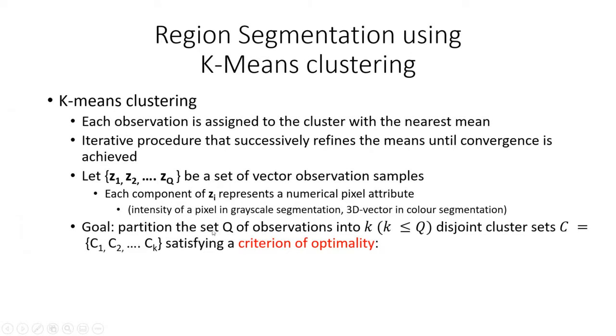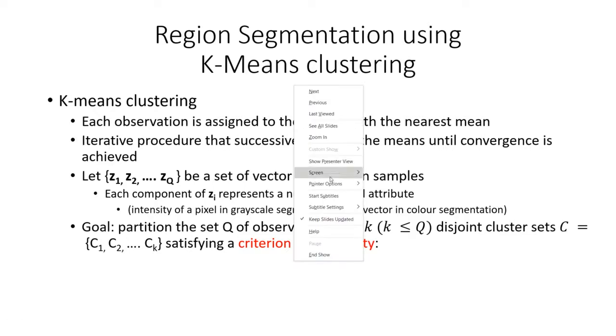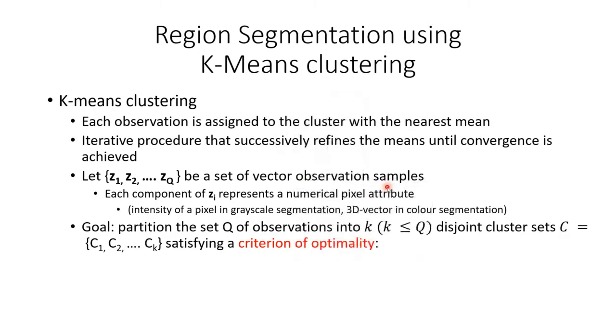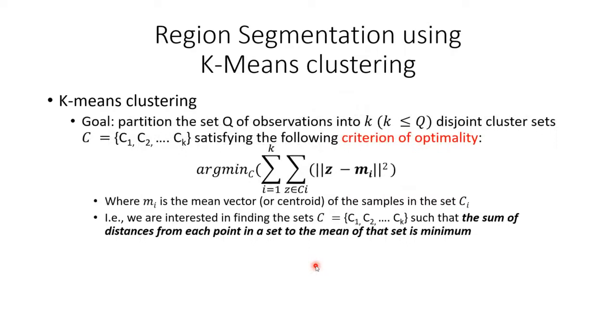So the goal then is to partition the set Q of observations into a number of disjoint clusters, let's call them C1, C2 till CK, satisfying a criterion of optimality, which is this. Very simple. What's this?